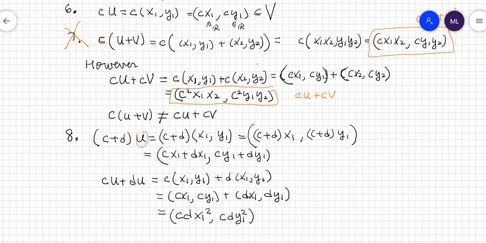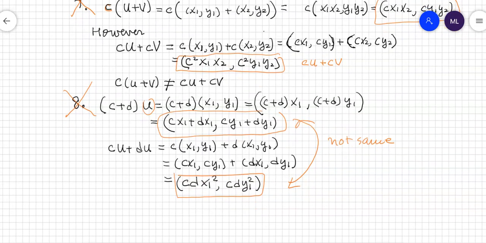So let's compare these. The first one is this, but cu plus du is that. Obviously they're not the same. So axiom 8 fails.